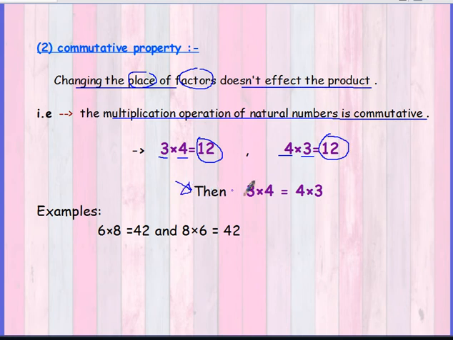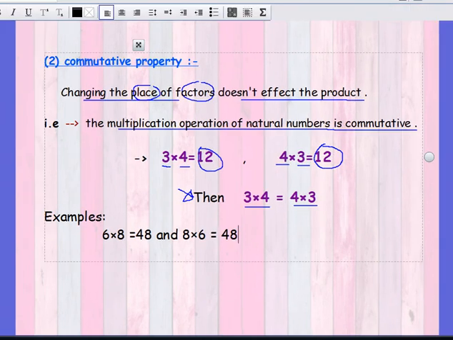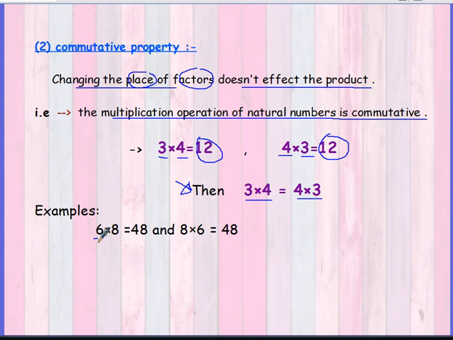That means 3 times 4 is equal to 4 times 3. Another example, 6 times 8 equals 48. And if I replace the two factors and let them be 8 times 6, it's also equal to 48. The result doesn't change, so that means the multiplication operation is commutative.